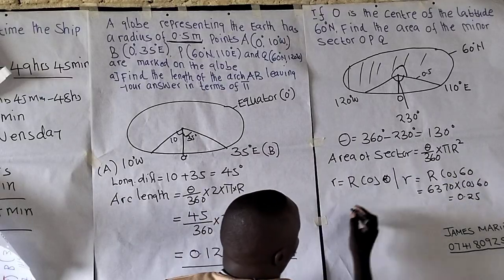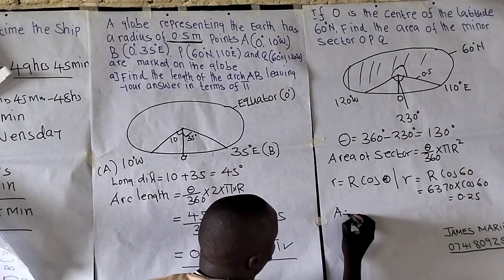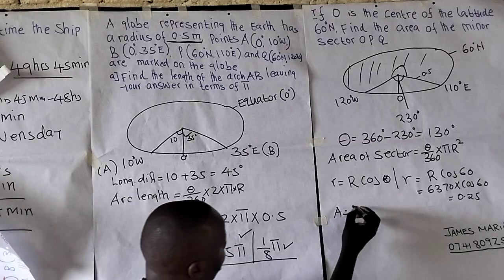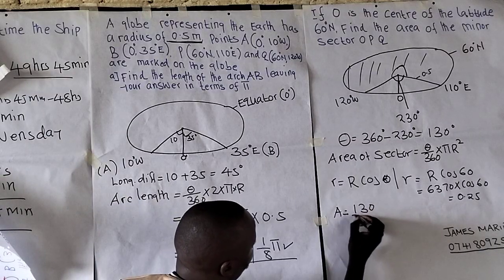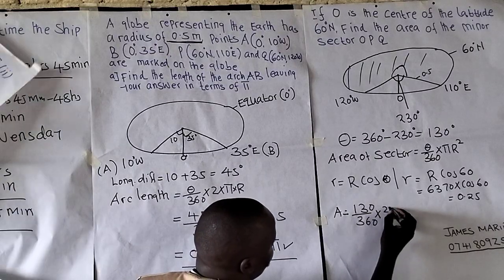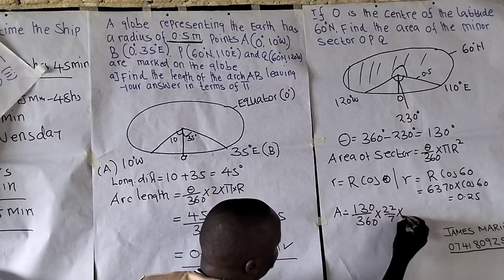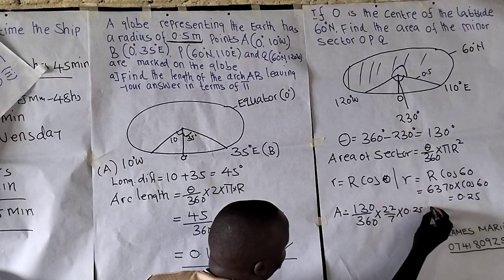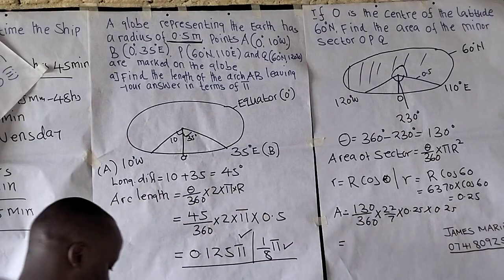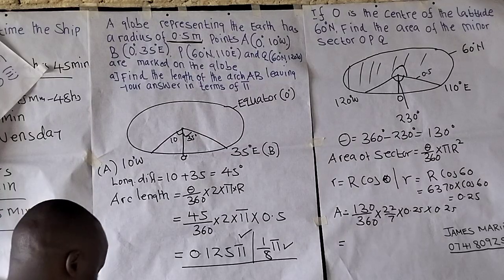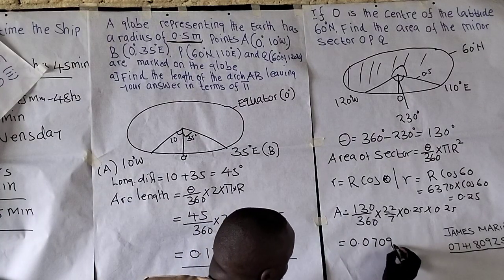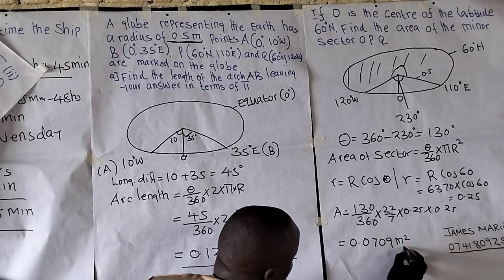So our area of the sector is theta, 130 degrees over 360, times pi, which is 22 over 7, times the radius 0.25 times 0.25, and the area of that sector will be equivalent to 0.0709 meters squared.